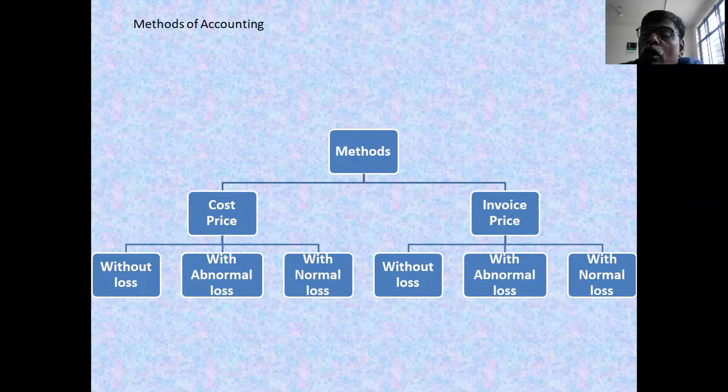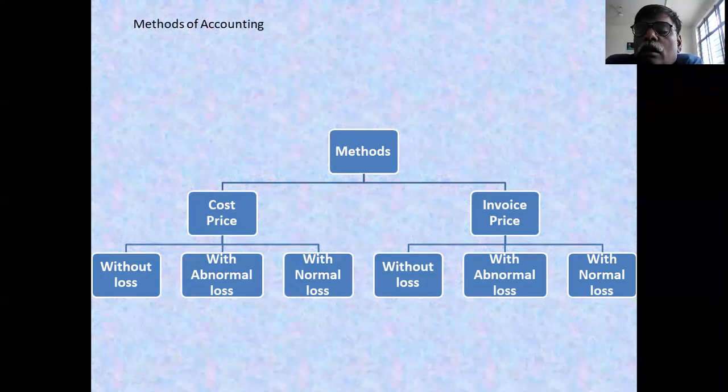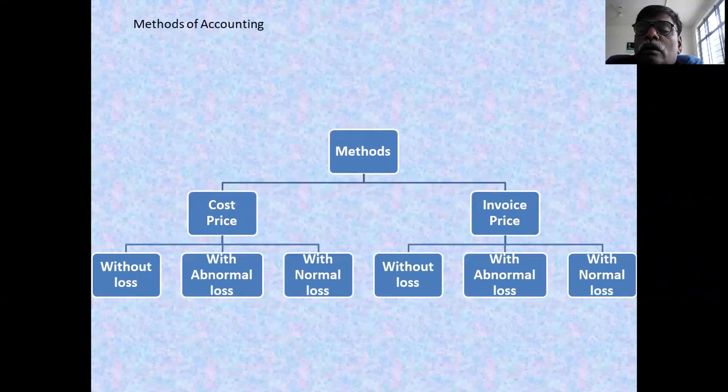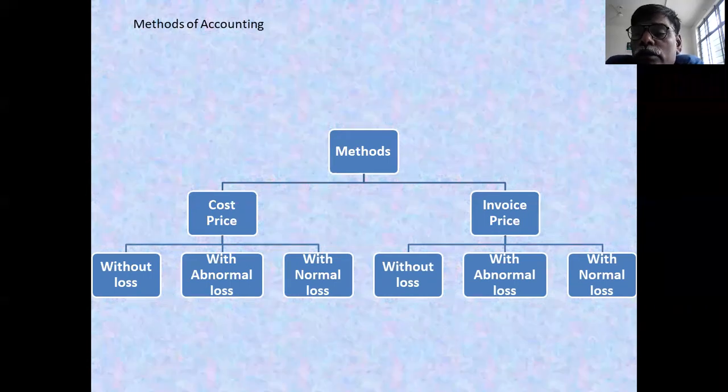Then what is loss? Loss in the consignment, what is loss? Loss is nothing but whatever goods left, whatever goods dispersed, whatever goods given to others without any consideration.